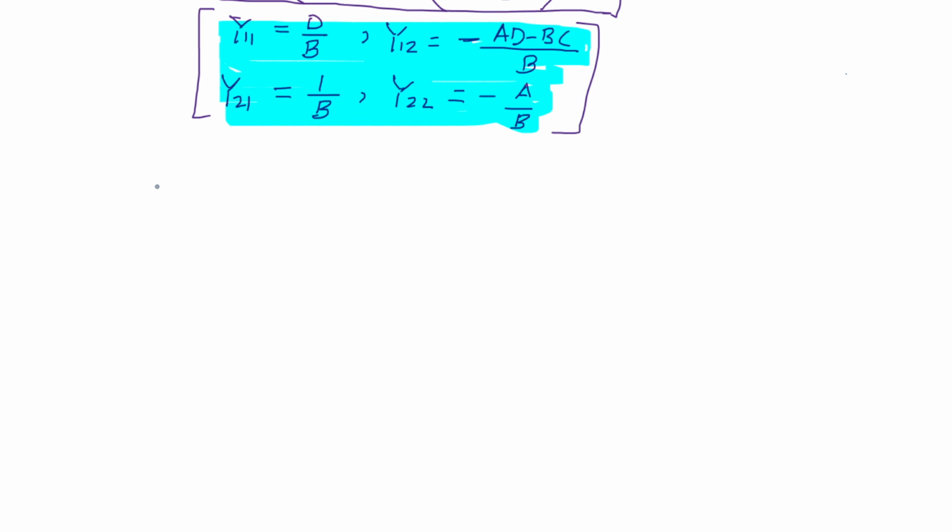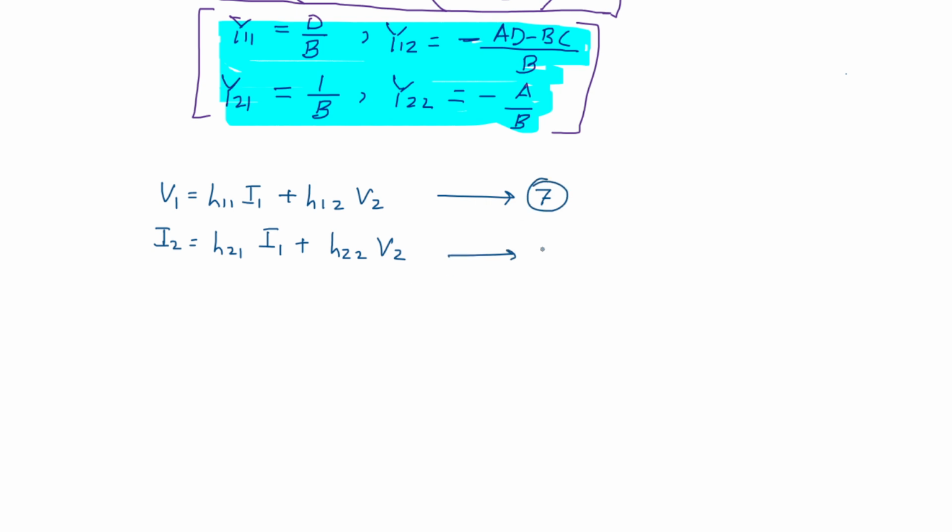We have hybrid parameter written as V1 is equal to H11 I1 plus H12 V2 and I2 is equal to H21 I1 plus H22 V2. Let us mark them as equation 7 and equation 8.